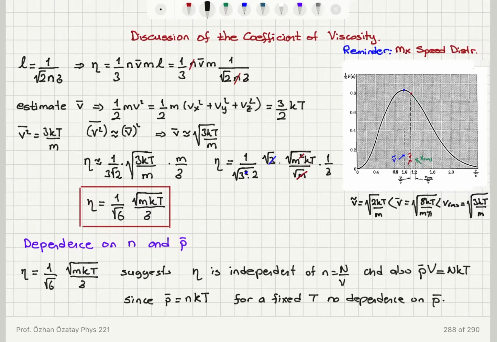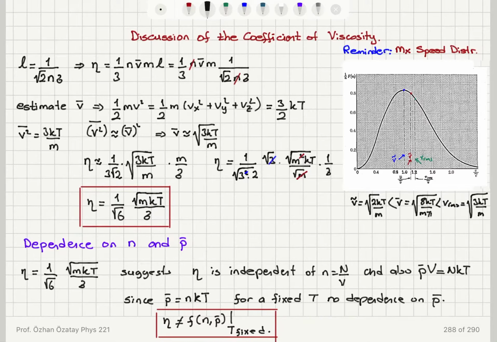So basically, eta is not a function of n or P bar for fixed temperature. This is our conclusion based on this analysis.